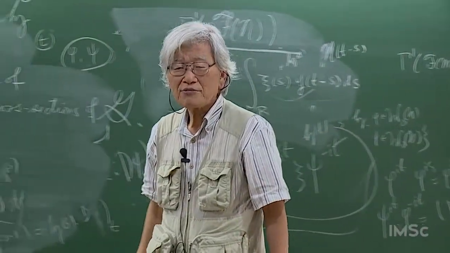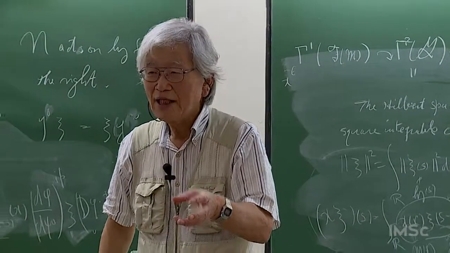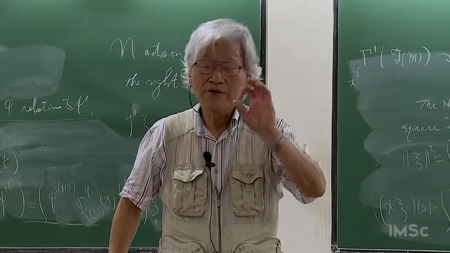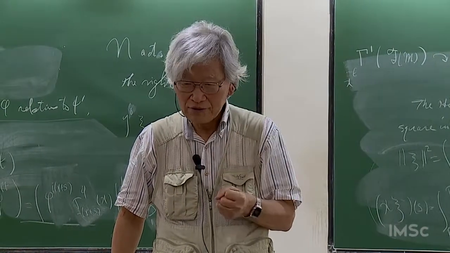So that Hilbert space is a left gamma 1 F of M module and a right gamma 1 of F of N module.